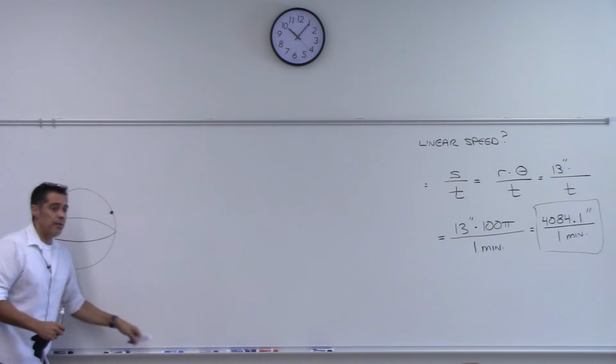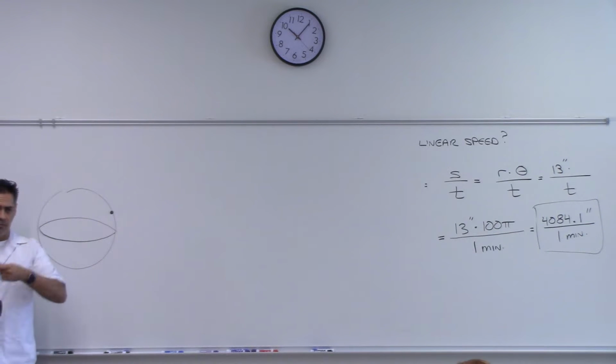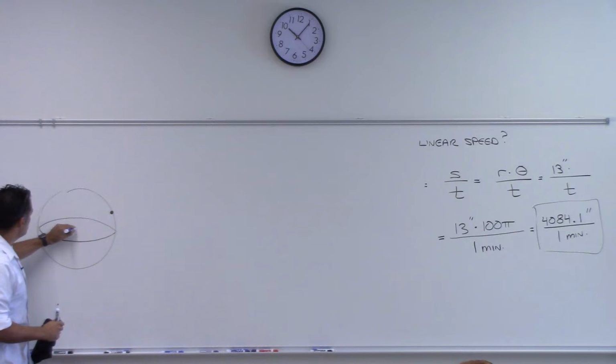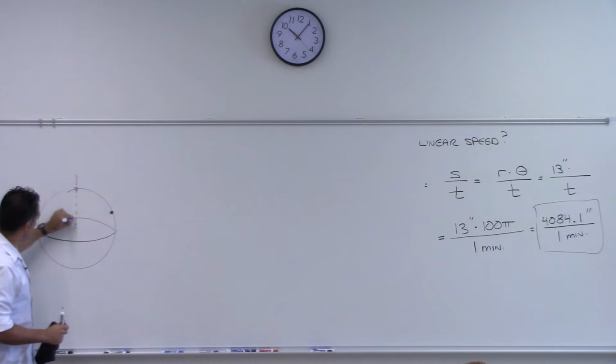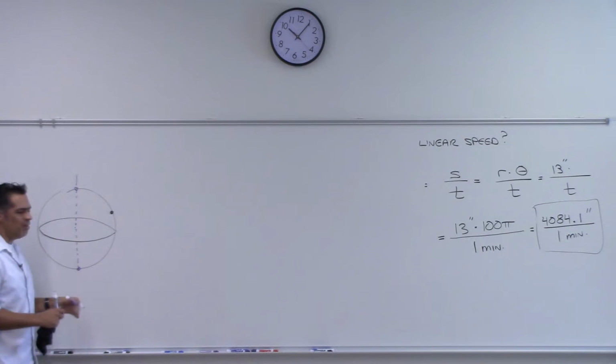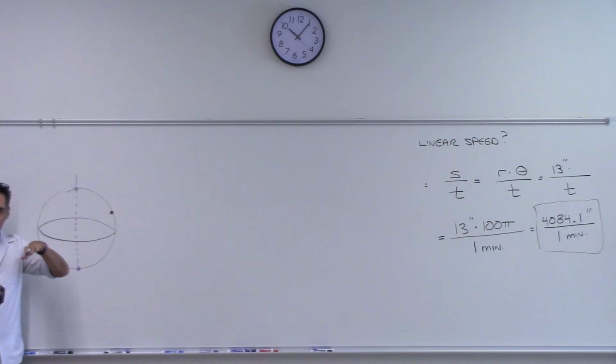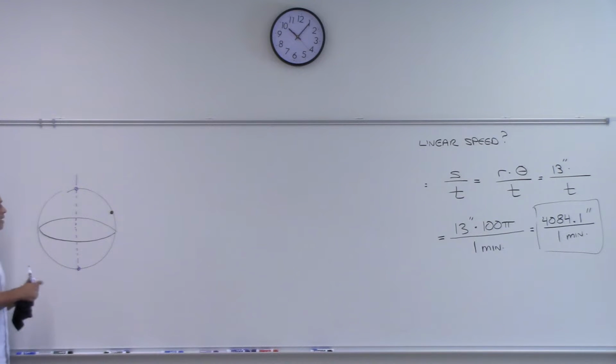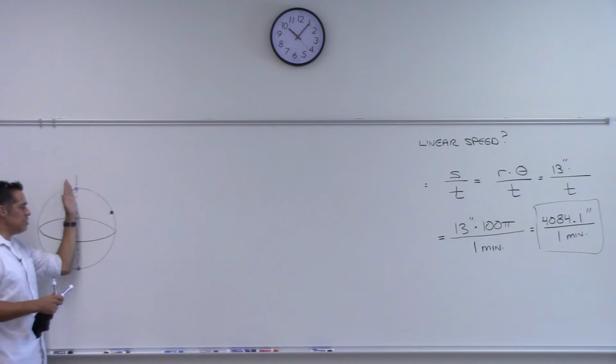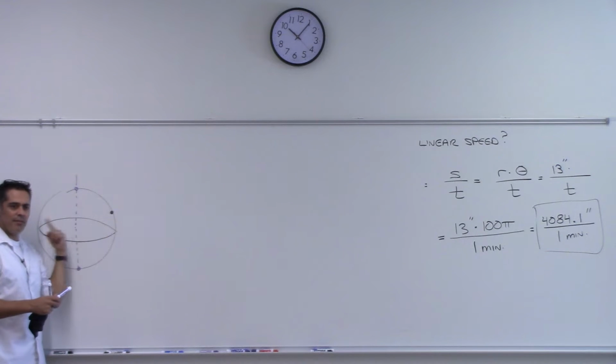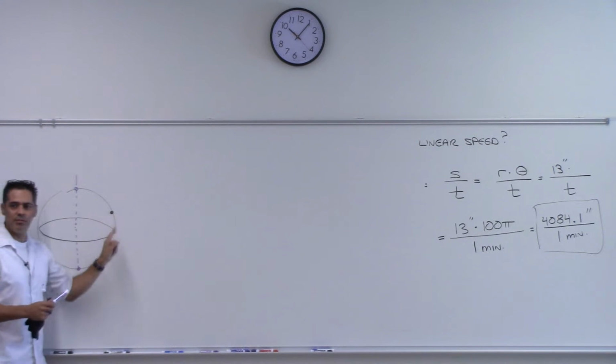Now, the Earth rotates on an axis that goes through the North Pole and the South Pole, roughly. It's not perfect, but imagine an axis of rotation. The Earth is going around. How long does it take for San Antonio to go around that axis of rotation one time?